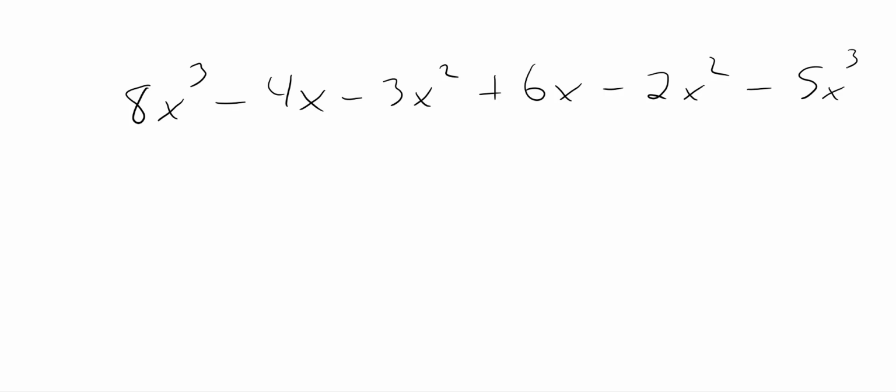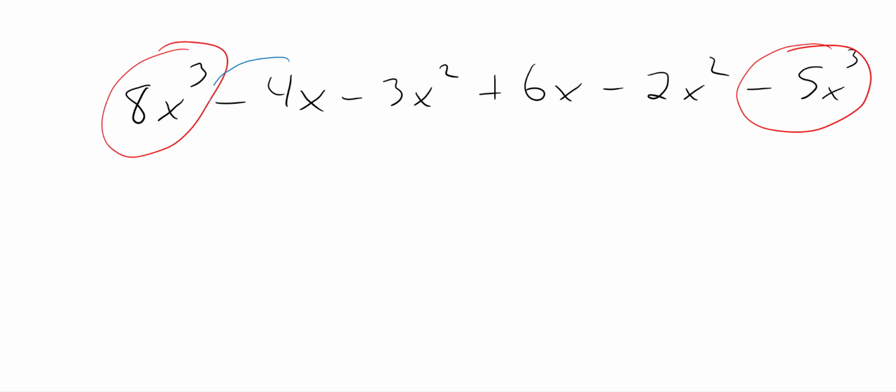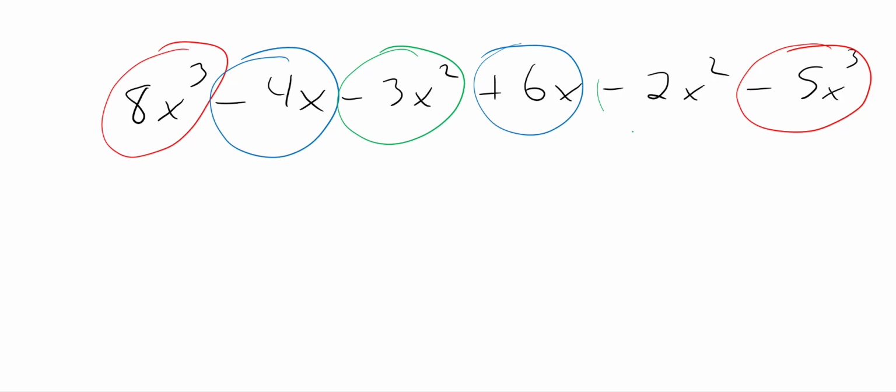Okay, got a lot of stuff here, so sometimes it helps to use some different colors. So here's the 8x cubed, and there's the negative 5x cubed. Those are going to be put together. Here's a negative 4x, and here's a positive 6x. That's put together. And then here's a negative 3x squared and a negative 2x squared, and that's going to be put together. Okay, so always look at the signs and then put things together.